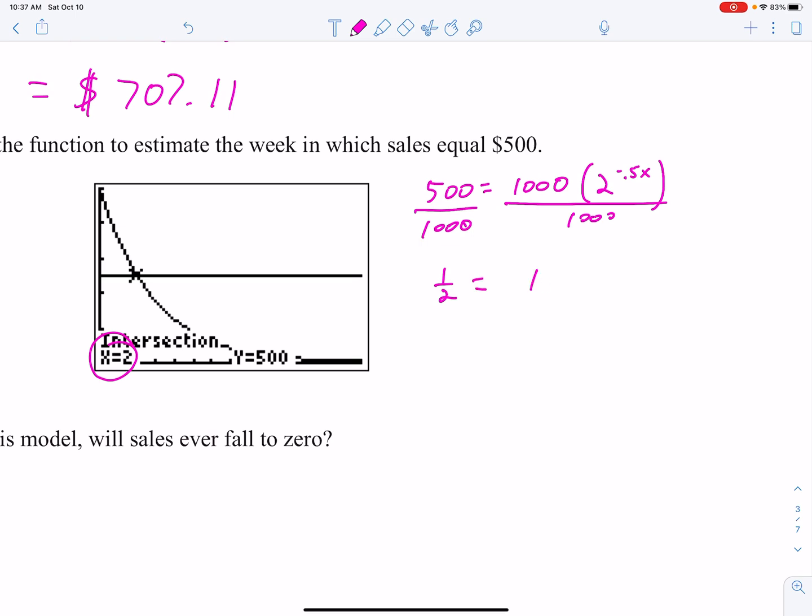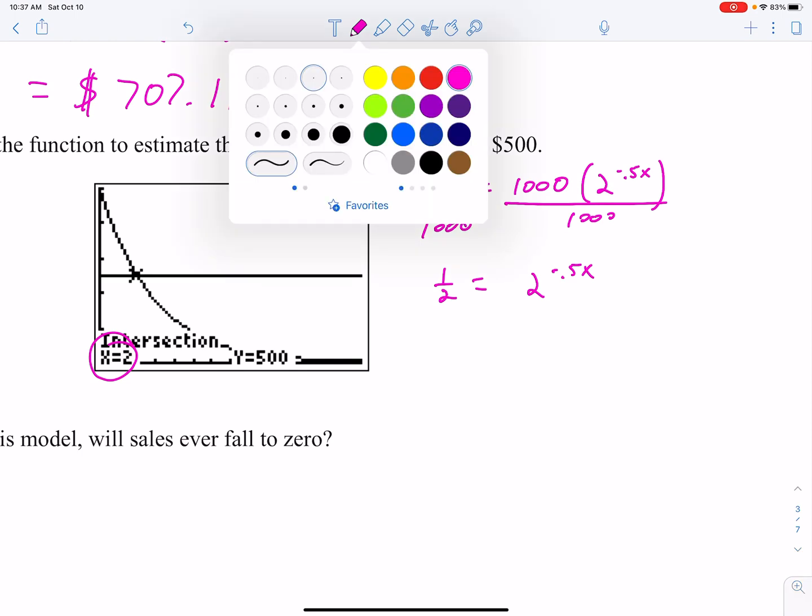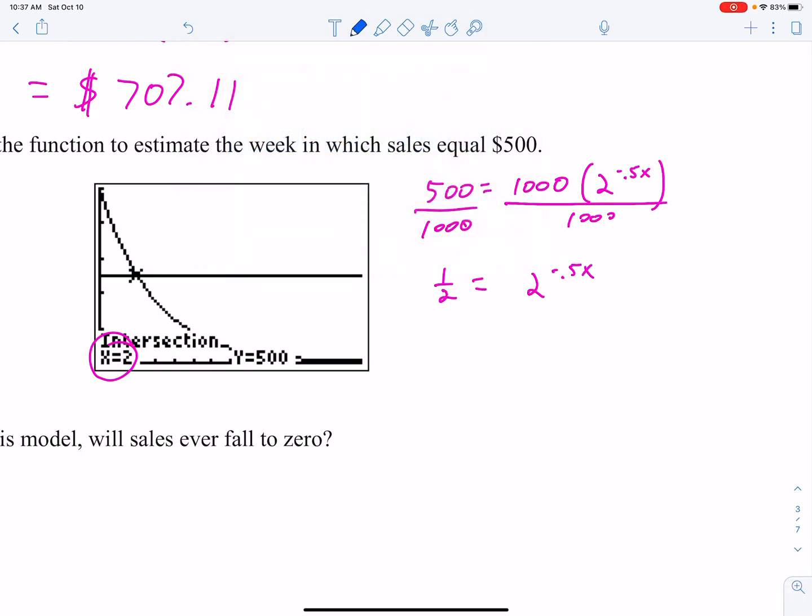Equals 2 to the negative 0.5x power. Now, if you remember how to do these types of problems, since we have the variable in the exponent, we need to use logarithms or natural logarithms. Doesn't matter. Most people use natural logarithms, so I'm going to show you. So we're going to natural log both sides.